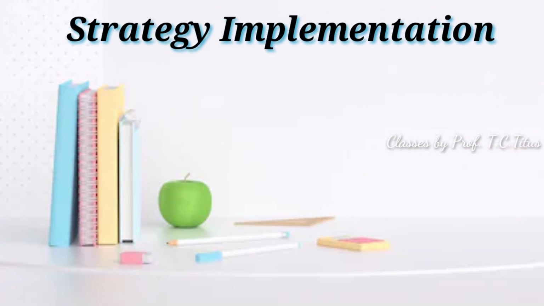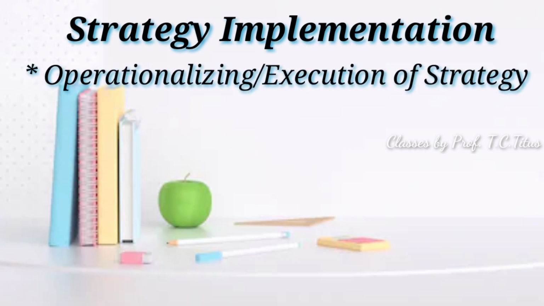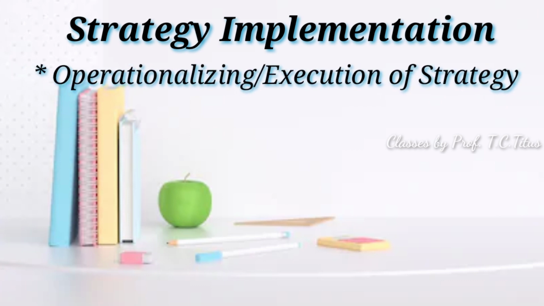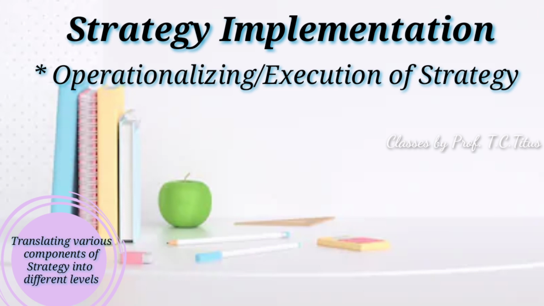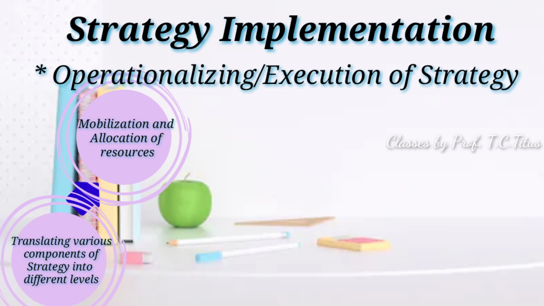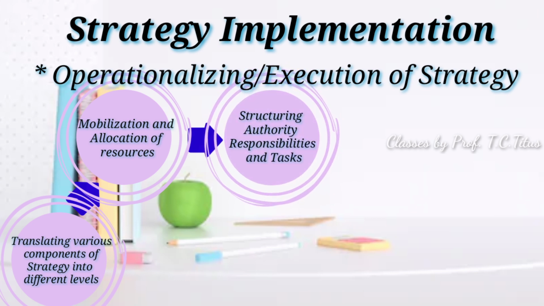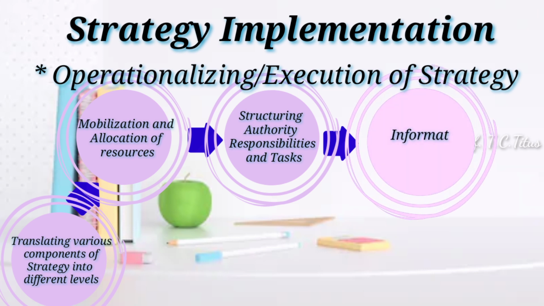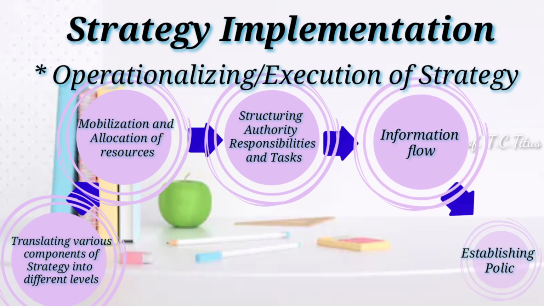Now comes the second one, strategy implementation, operationalizing or execution of the strategy. So execution of the strategy requires translating the various components of the strategy into different levels, then mobilization and allocation of resources, structuring authority, responsibility, task, etc., and information flow, and establishing policies.